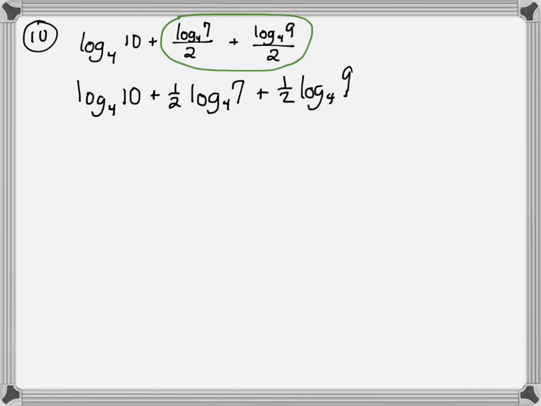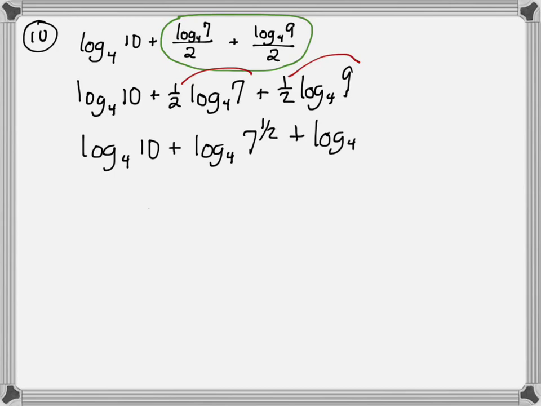Now we have that exponent to work with. So let's move the exponent up. Some of you may be able to shortcut this and go straight into an easy number to work with. And so we have here log base 4 of 10 plus log base 4 of 7 to the 1/2 plus log base 4 of 9 to the 1/2.